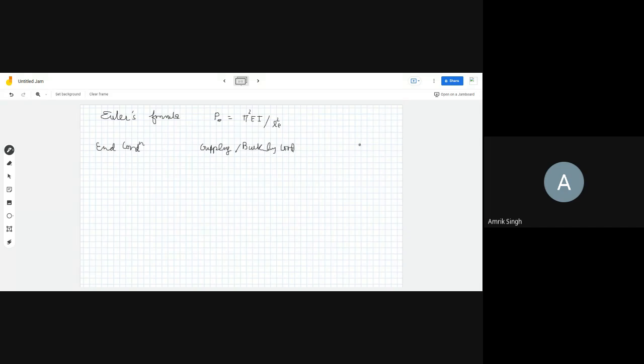And the third column we make equivalent length or the effective length. So this is LE, and here the buckling load is P. So we have considered the four conditions.